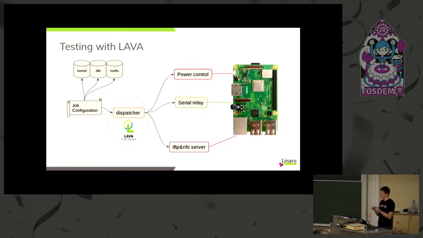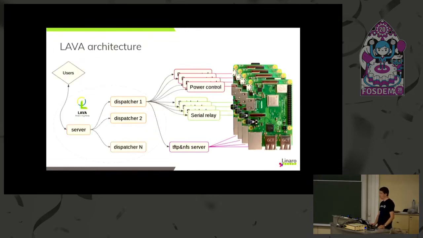And the part of Lava which will access the board is called the dispatcher. So the dispatcher will connect to the board, control the serial relay, control the power controller, install the resources on the TFTP and NFS server, and send the commands. All the things that I explained before, it will do for you. So obviously, Lava has been made to be scalable.